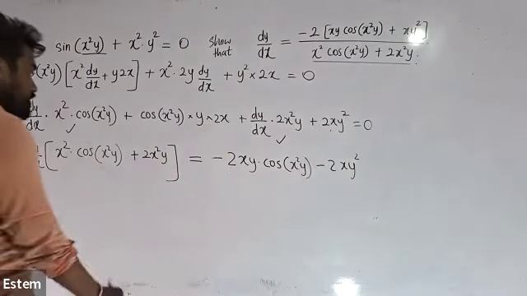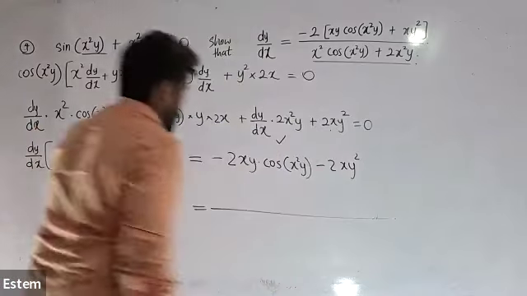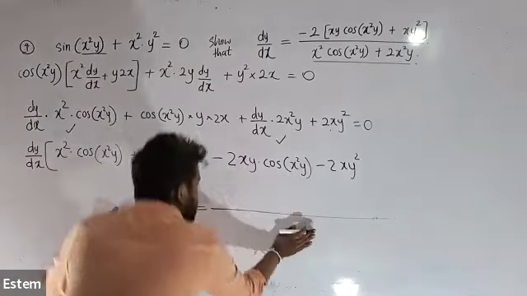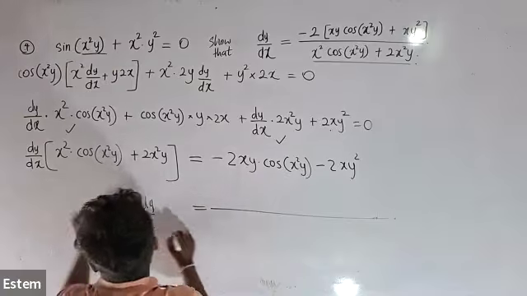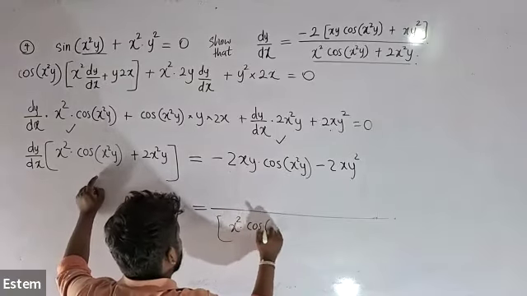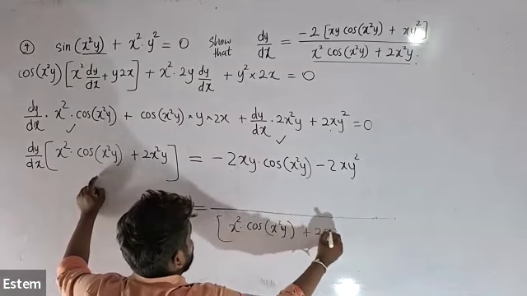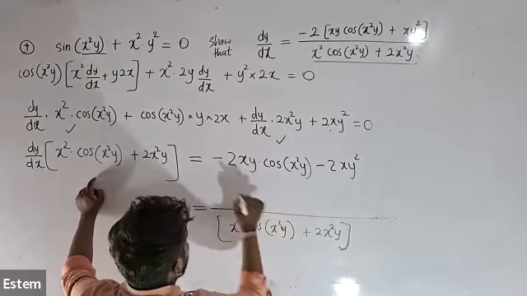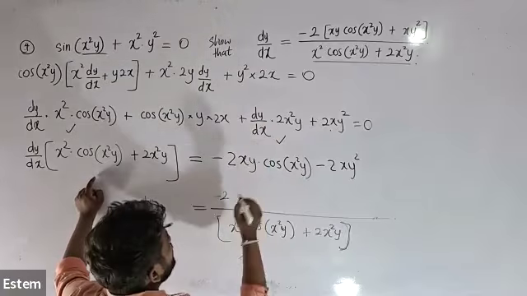Now what happens? I will keep this thing in this. So it is easy to get dy over dx now. It is x squared cos x squared y plus 2x squared y. In here we should take 2 out because in the answer there is a 2.